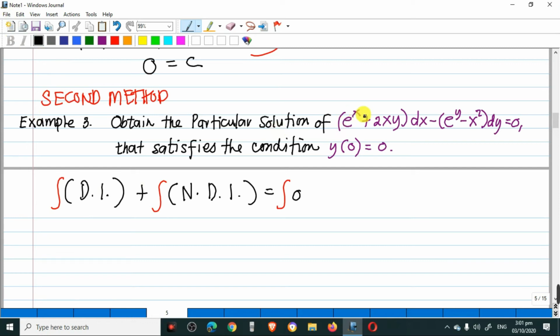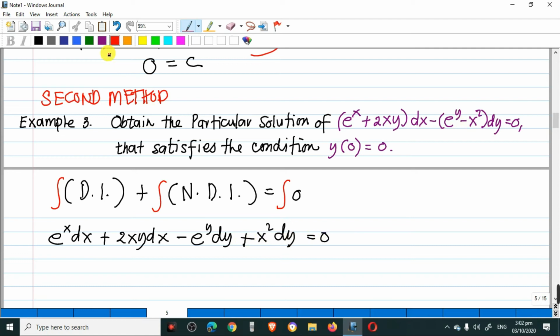So, e raised to x multiplied by dx is e raised to x dx. Plus 2xy multiplied by dx, so plus 2xy dx. And negative times positive e raised to y times dy is negative e raised to y dy. And negative times negative is positive x squared dy. And this is equal to 0.